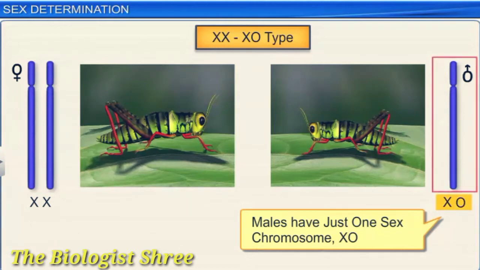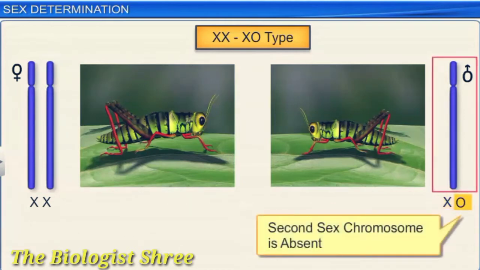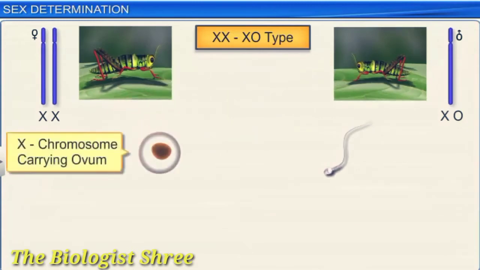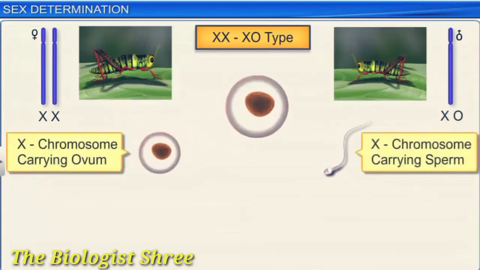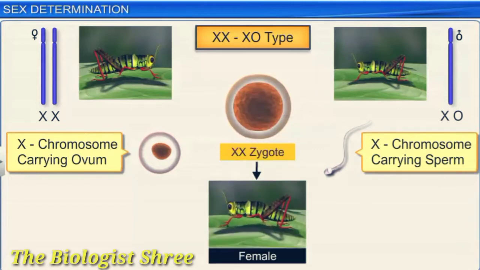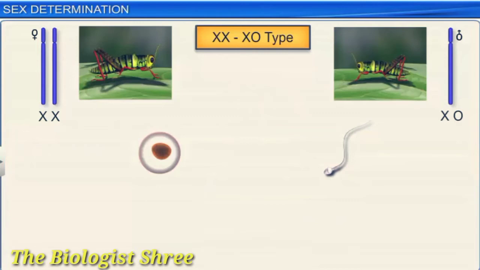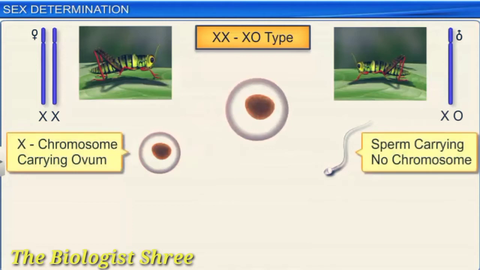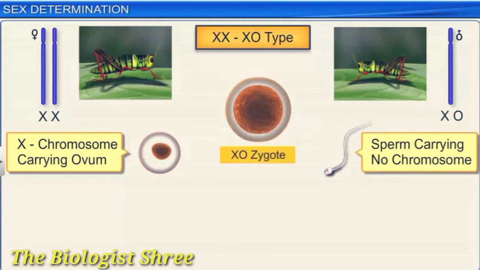Here, the O denotes the absence of a second sex chromosome. Now, when an ovum carrying the X chromosome unites with a sperm carrying the X chromosome, the resultant XX zygote develops into a female offspring. Conversely, when an ovum carrying the X chromosome unites with a sperm carrying no chromosome, the resultant XO zygote develops into a male offspring.